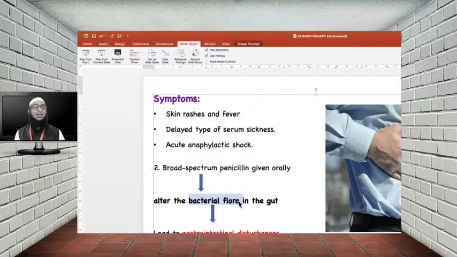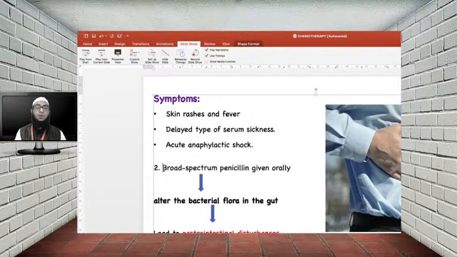Some useful bacteria are required for the digestion of food. Now, when broad spectrum penicillins are given, in addition to killing unwanted bacteria, it also kills the bacterial flora. And since it kills the bacterial flora, that patient will suffer from gastrointestinal disturbance. So this is one of the major problems with the use of broad spectrum penicillin.